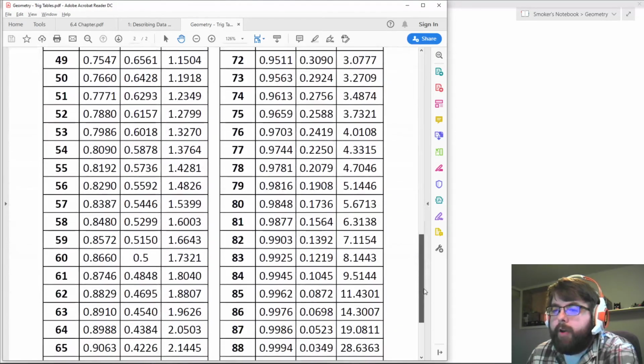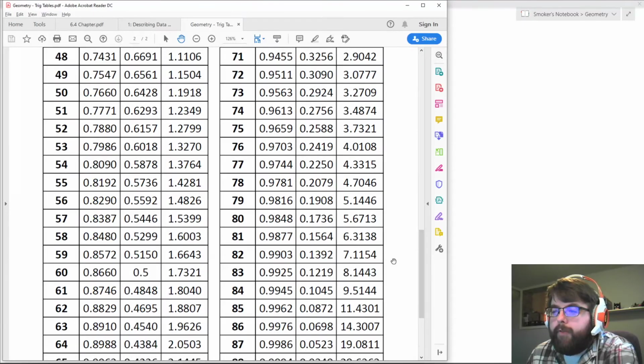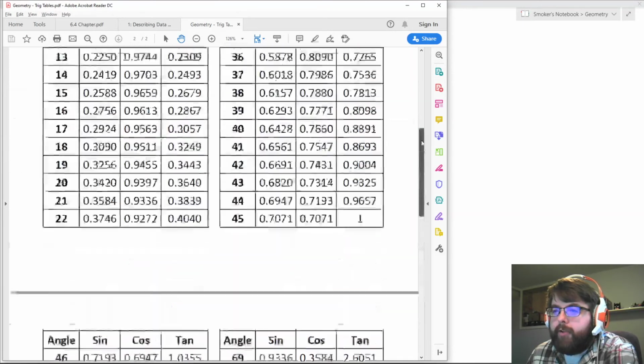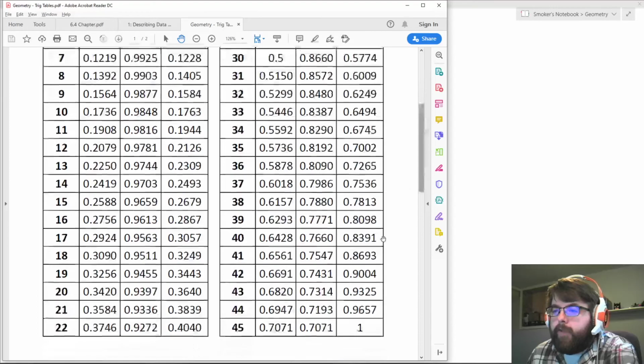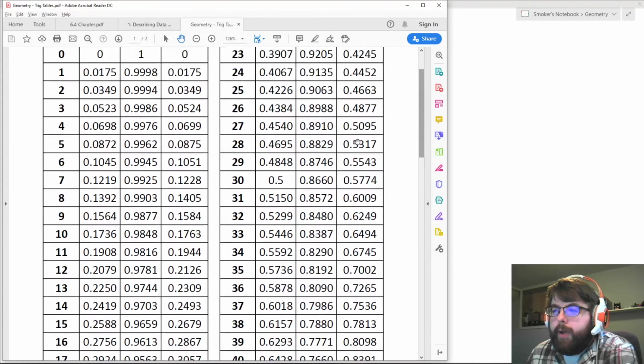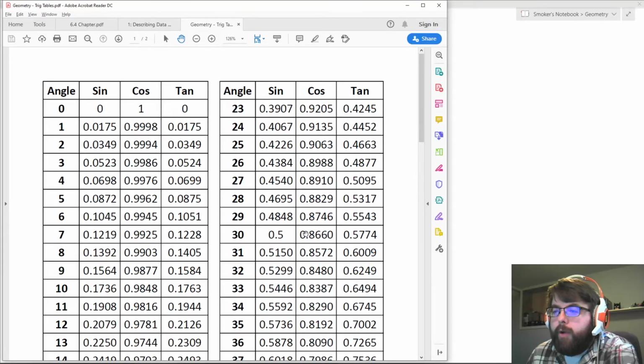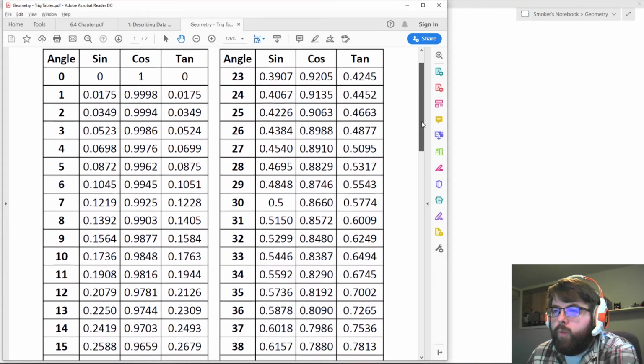The 1/2 shows up occasionally, and there's 0 and 1s on the ends, and there's a 1 in the middle here for tangent. But other than those values, 0, 1, and 1/2, any of these other decimal values are approximations.